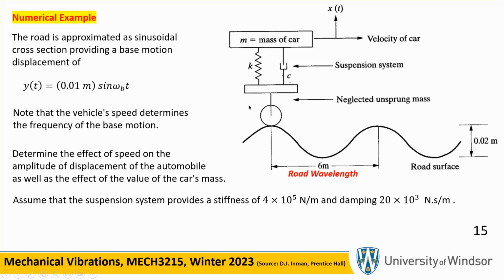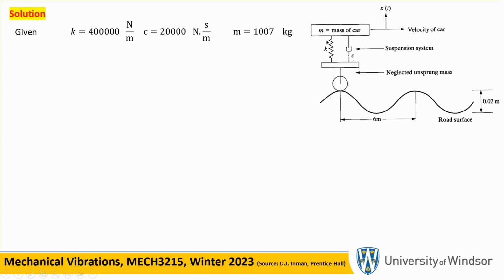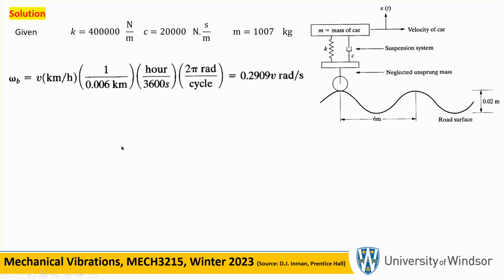We are assuming that the stiffness of the spring and the damping constant are given by these numbers. Let's start by taking the mass of the car to be almost a ton, 1,007 kilograms. This is a very small car. So let's rewrite, for your assistance, the mass of the car, damping coefficient, and stiffness of the spring.